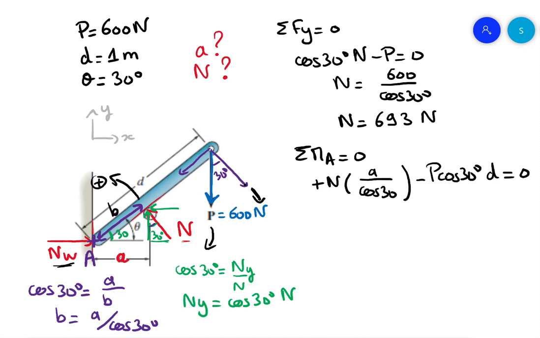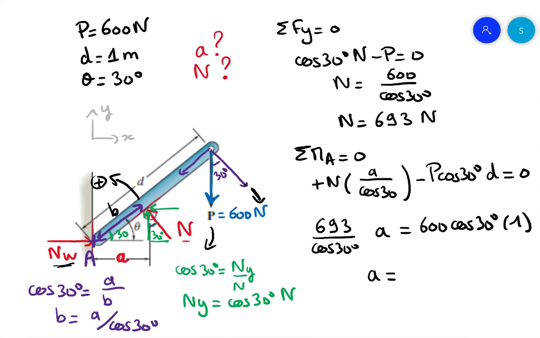And the only unknown there is A. So let's replace everything. N is 693 divided by cosine 30 times A, and it's equal to P, that is 600, cosine 30, D is 1.